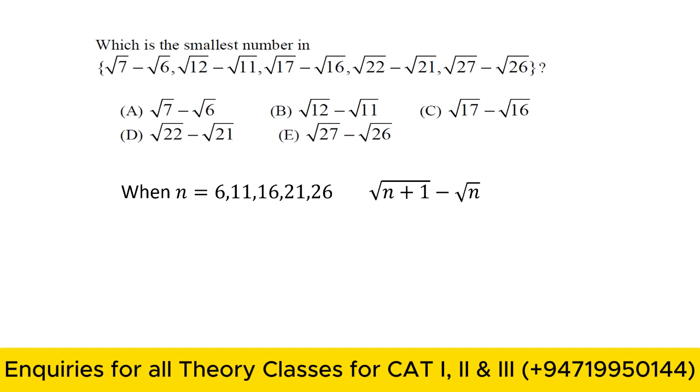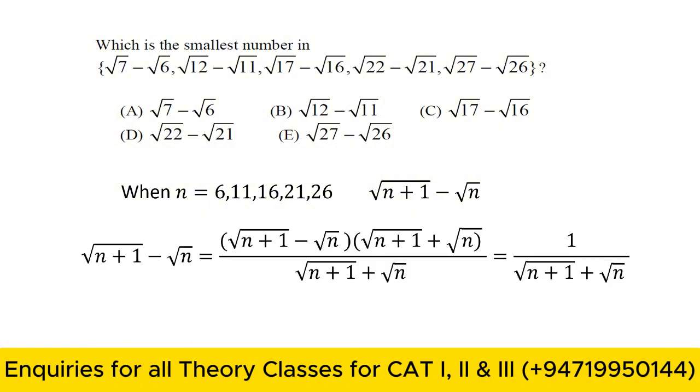Next, I multiply by the conjugate, so I write in brackets root n plus 1 minus root n, times root n plus 1 plus root n, divided by root n plus 1 plus root n. So the answer I can write is 1 over root n plus 1 plus root n.